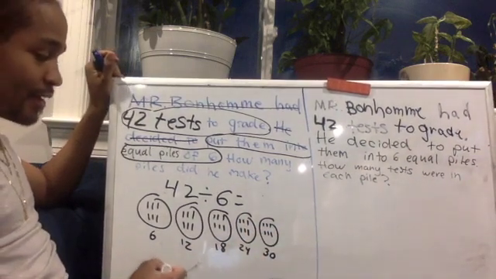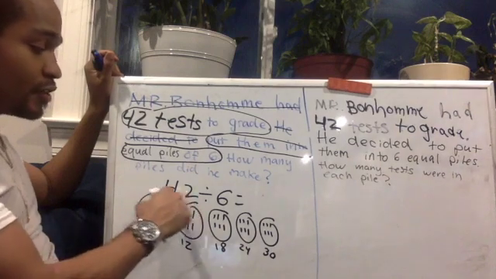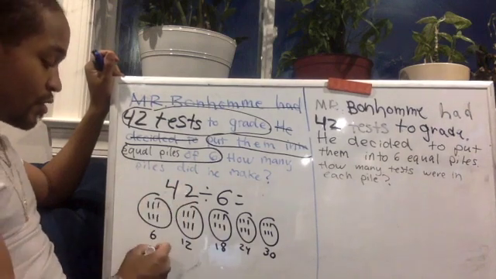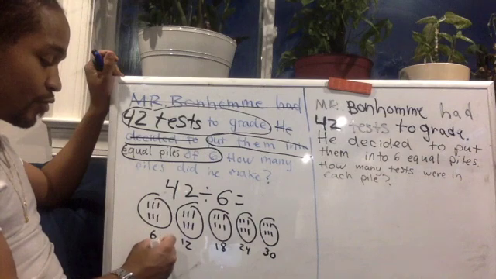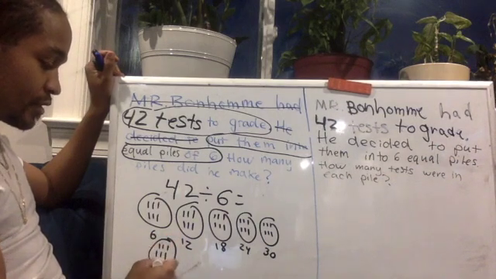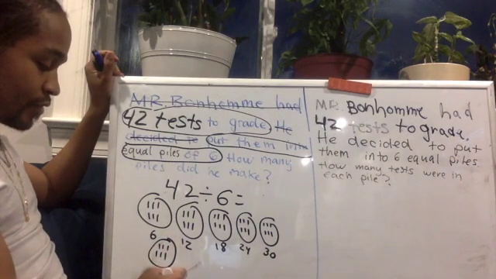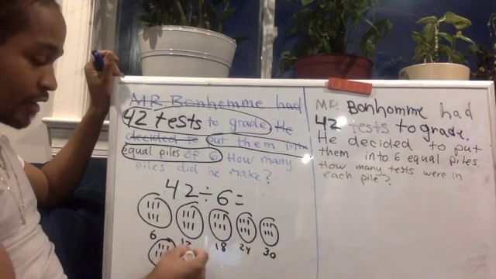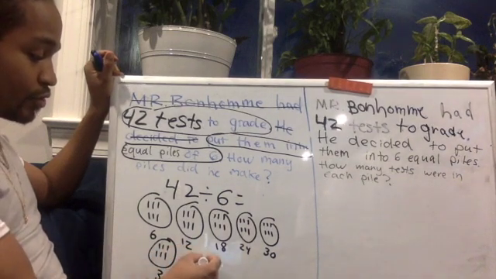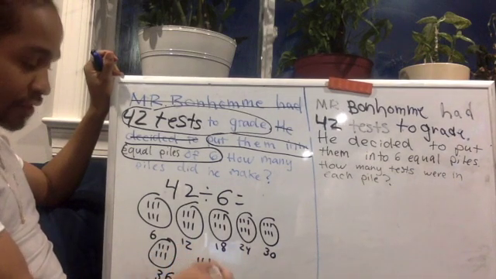I'm not there yet. Remember, my total is 42. 1, 2, 3, 4, 5, 6. I'm writing 36. Getting closer and closer. 1, 2, 3, 4, 5, 6.